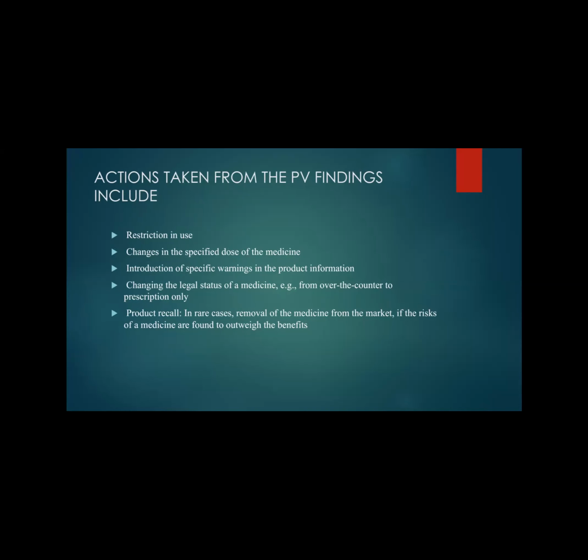So see, in clinical trials, only a few thousand people are exposed, maximum 5,000 or 6,000 in the phase 3 clinical trial. But once the product comes to the market, millions of people are exposed to the medicines.